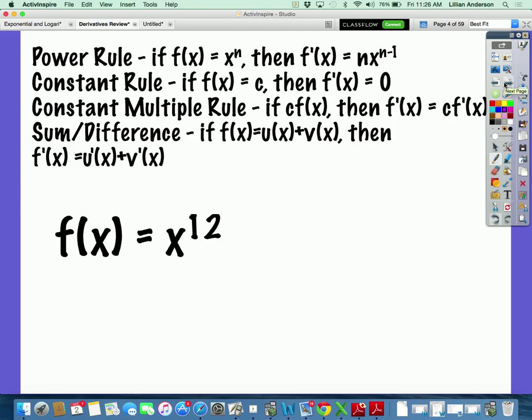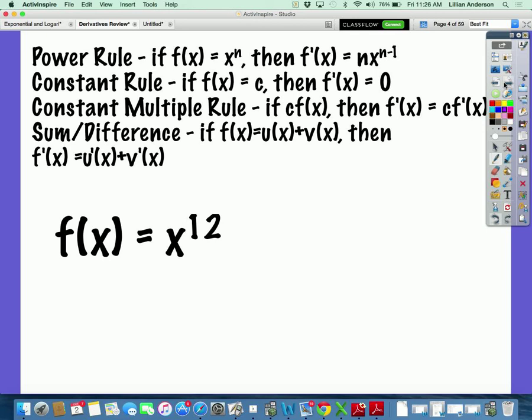Just look at the first one to start with. The power rule basically says that if you're given a function, then the derivative is found by moving the exponent down and then subtracting 1 from the exponent. Okay?